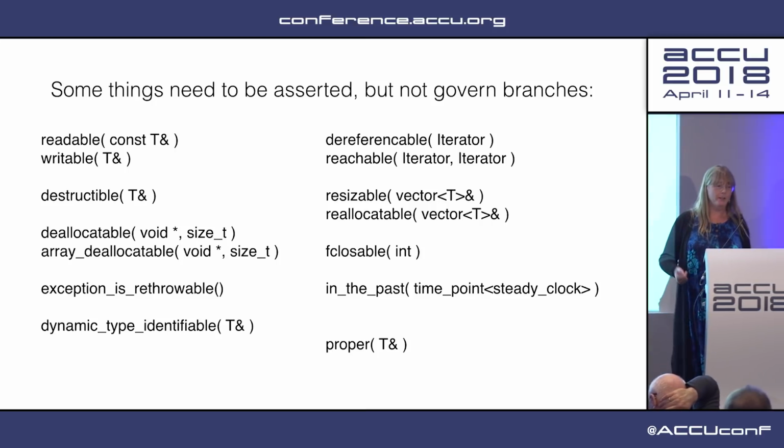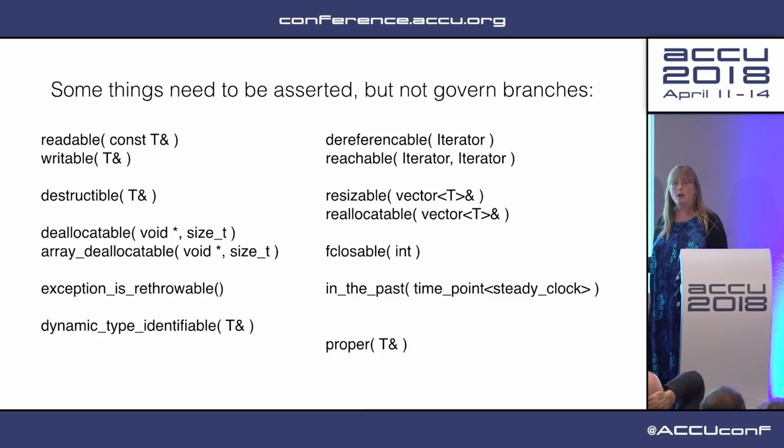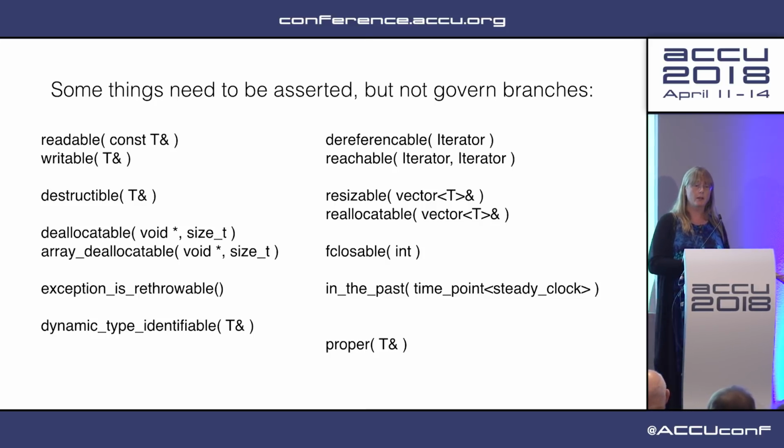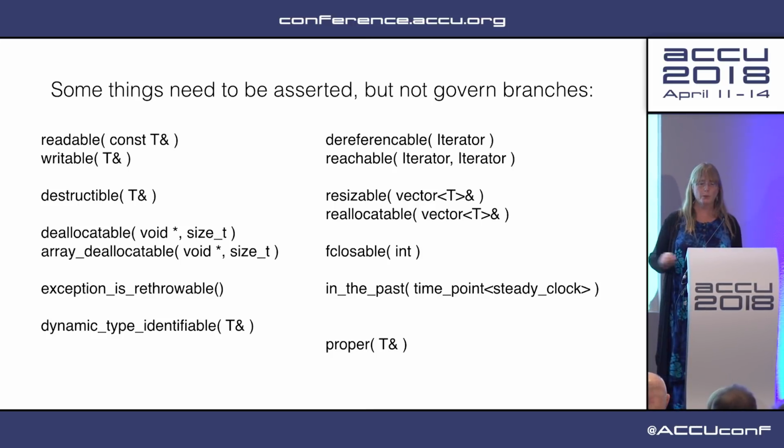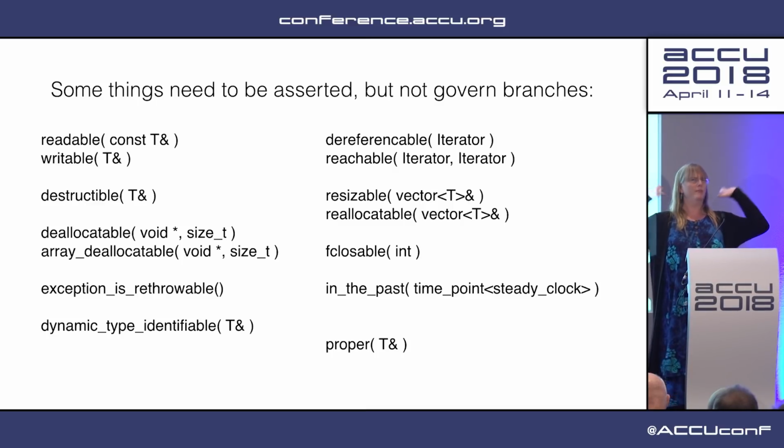Resizability and reallocatability for a vector, these are preconditions that some functions require, and some functions in the standard explicitly disclaim. Some are allowed to reallocate. Some say, no, I don't need reallocatability.